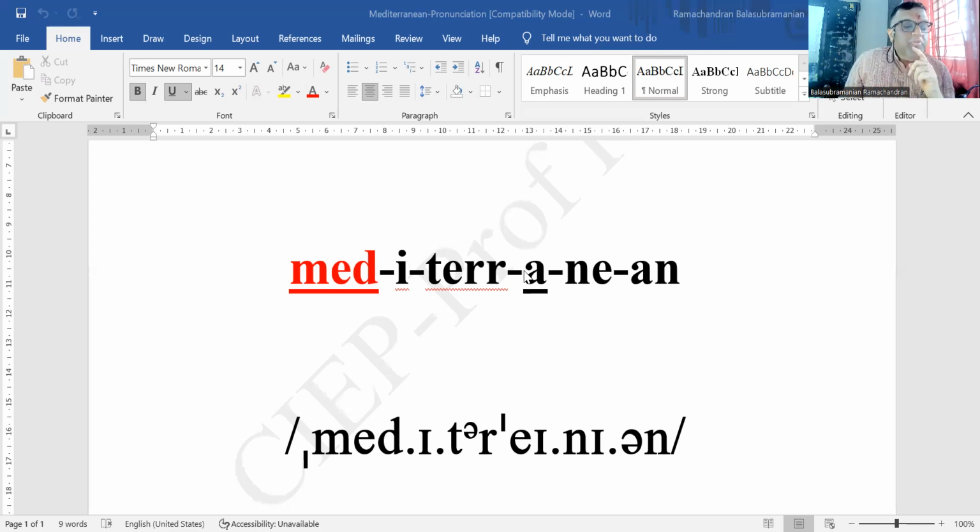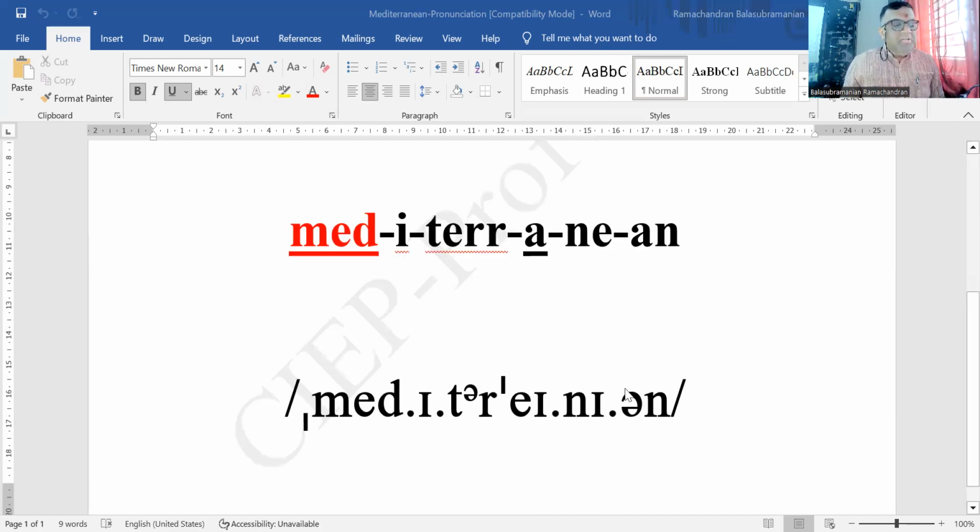So here, when you give the stress on A, you have the luxury of having another word here, even if the first syllable of that second word after Mediterranean is not stressed, the next syllable will be stressed. Okay, so this is the logic. Why not ter, and why the stress is on A and not on ter?